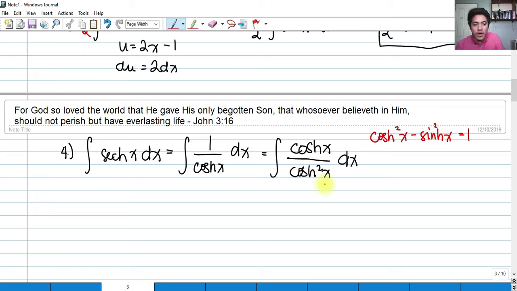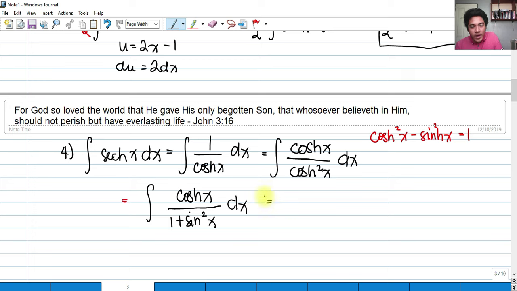So if I'm going to replace hyperbolic cosine of x squared here, what will happen is that I will be having hyperbolic cosine of x over 1 plus hyperbolic sine squared of x dx, because of this relationship or identity. So if I'm going to transpose this on the other side, I'll be getting this formula.